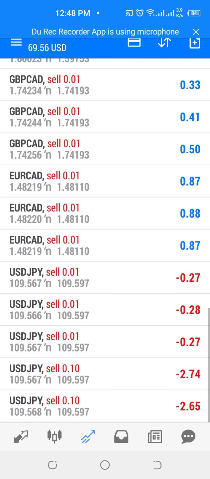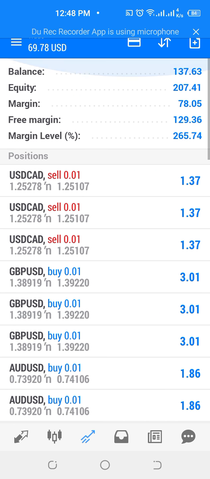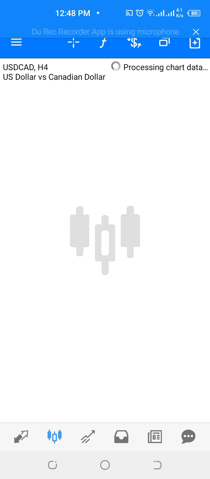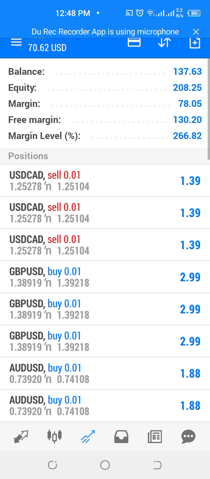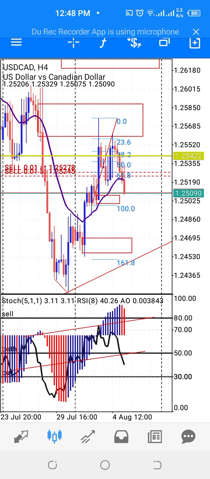So right now you can see that there are trades which are running. Let's use the USD CAD and see how I actually enter this kind of trade. For instance, you can see that I use the support and resistance, and then I use the supply area.